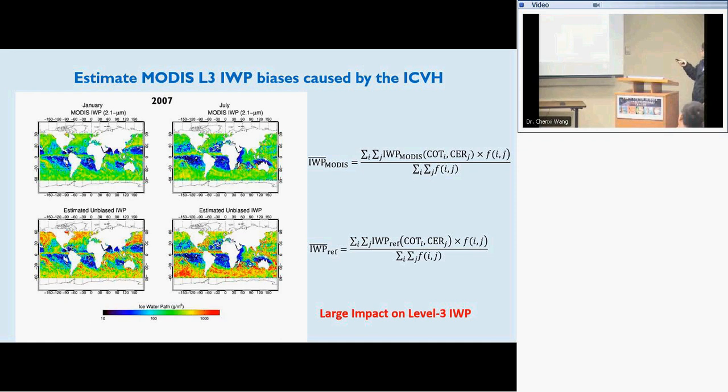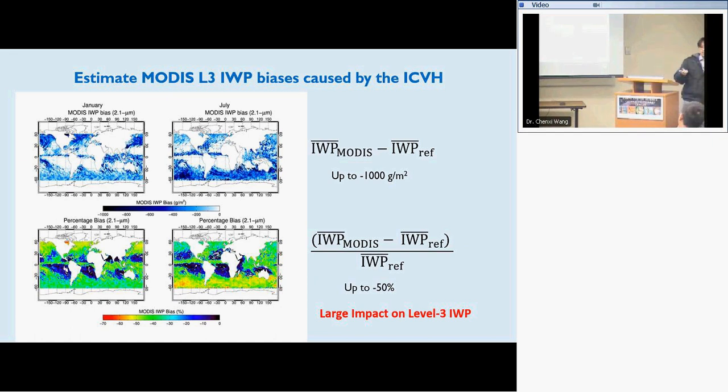What we do here is just replace the MODIS IWP by the estimated unbiased IWP. Here is the MODIS minus the estimation, the absolute difference. You can see that they are all negative, which means MODIS always underestimates the global ice water path. But there are some spatial structures here.